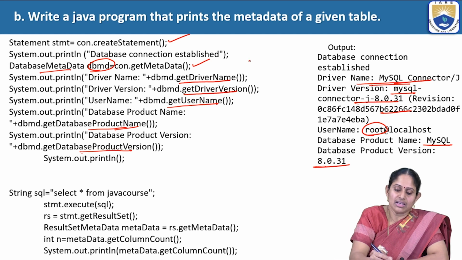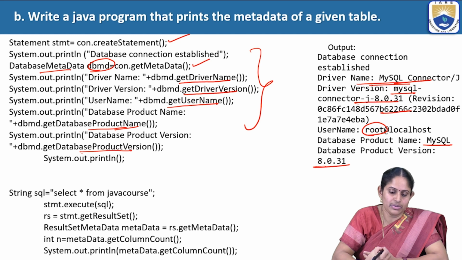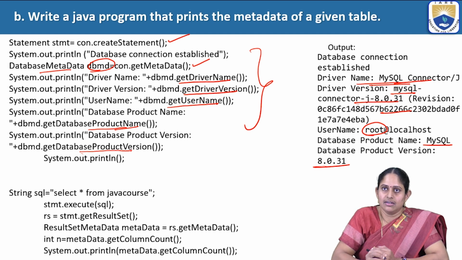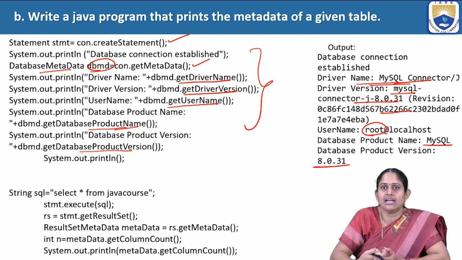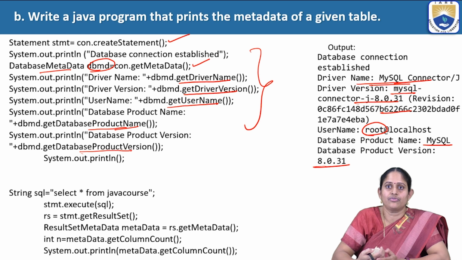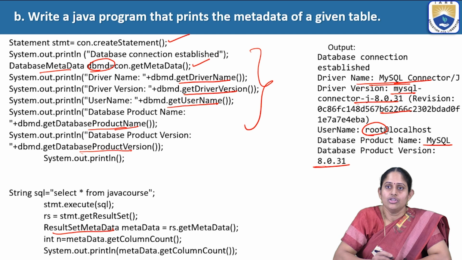So these are some of the methods available inside the DatabaseMetaData interface to retrieve the metadata of that database. Now, we need to get some details regarding our table. For that, we make use of the ResultSetMetaData interface.